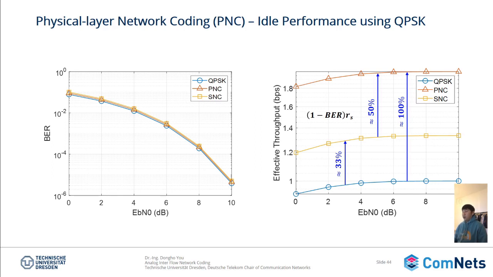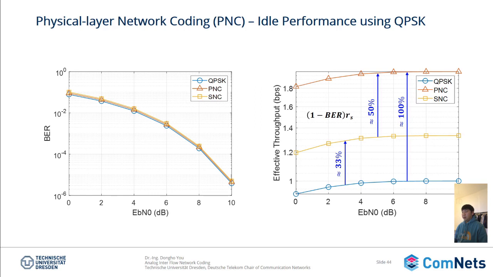Anyway, the left one is the bit error rate performance of the received bits, and the right one is the effective throughput performance. Here QPSK is the case without network coding, SNC is the straightforward network coding case, and PNC is the physical layer network coding case.